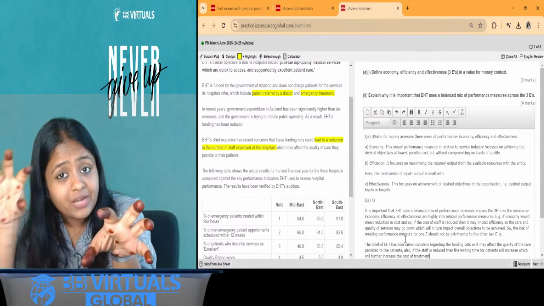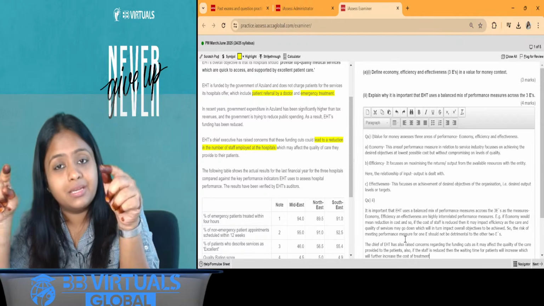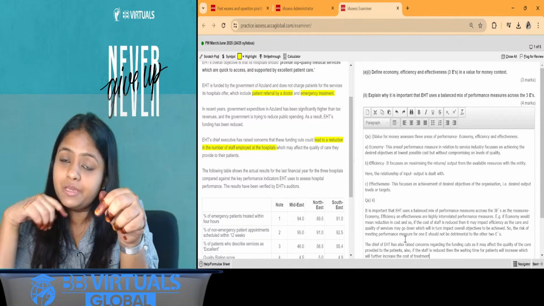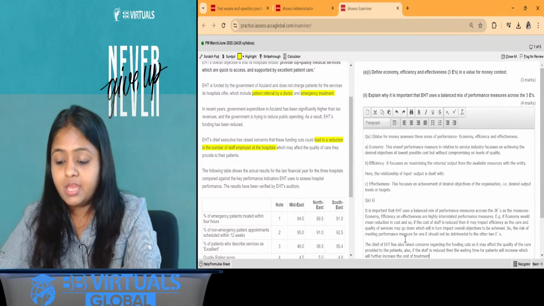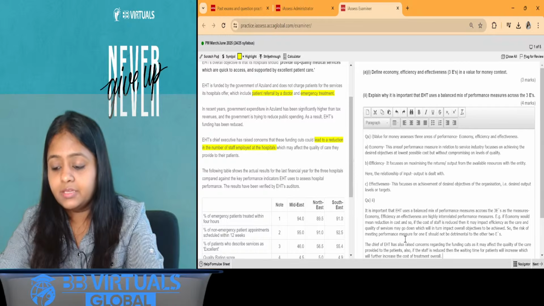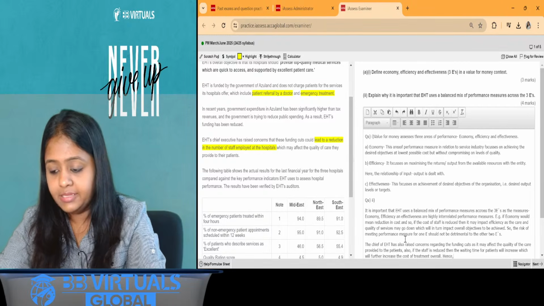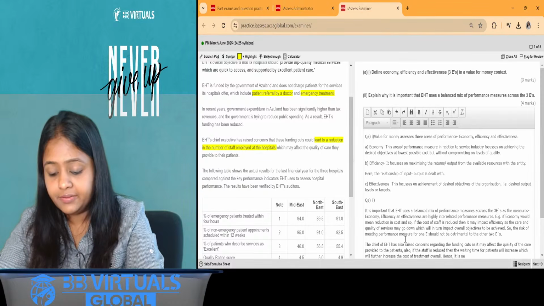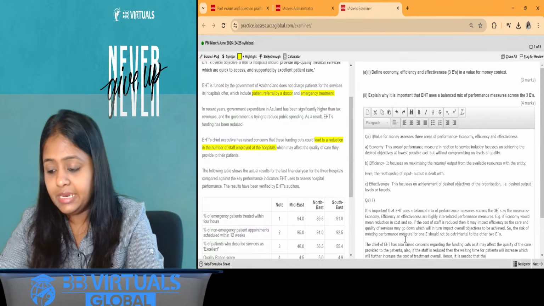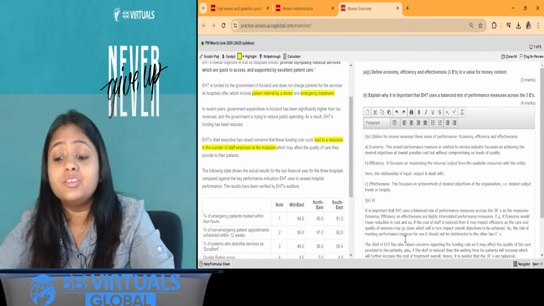So just see, one factor will impact the other factors, and hence it is important that a balanced mix of performance measures should be used. Hence it is needed that the three E's are balanced. Done. You got your 4 marks.